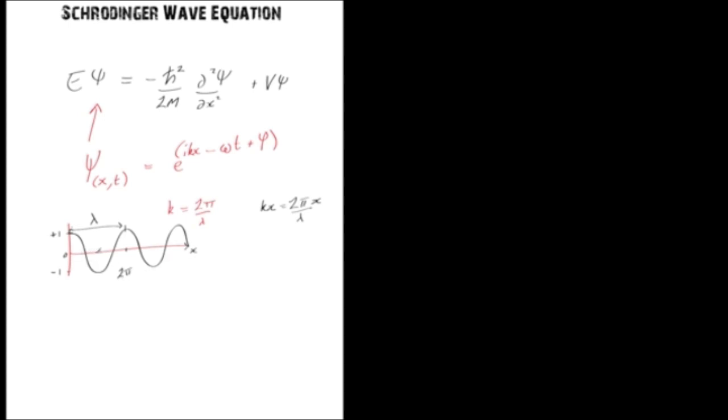So if we go 2 pi out away from the origin, x equals lambda in that case, and when x equals lambda, these two cancel out, and kx equals 2 pi, and as you'll see in a second, cos of 2 pi equals plus 1. So this equation actually will give you a cosine wave in that respect.